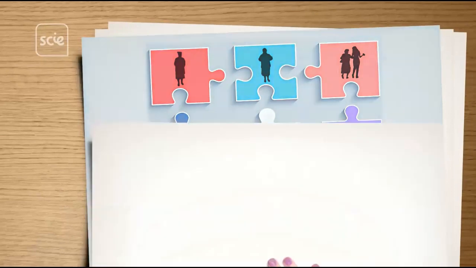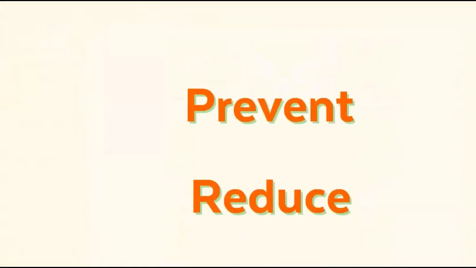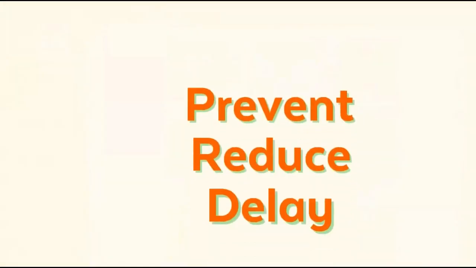Until now, assessments have usually measured people's needs created by ill health and disability and then allocated public sector resources to meet these needs. To ensure the continuing health and well-being as a nation, it's important to invest in people to help prevent, reduce or delay the development of needs.